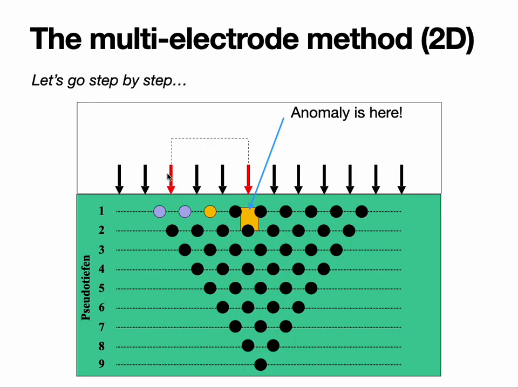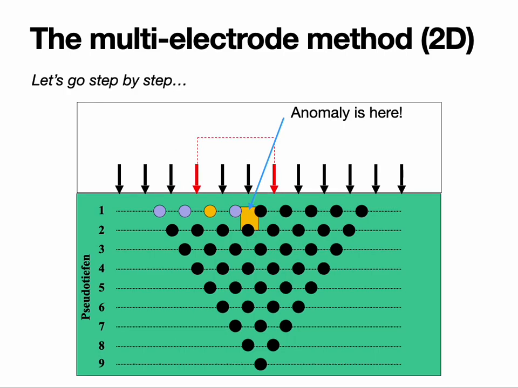Keep on doing this, and once we shift one of the electrical current electrodes above the anomaly, then the measurement here will be biased by this anomaly. What is being measured here is being affected by this, because of this trajectory of electrical current. If we shift again, there is no anomaly right below the electrical current electrodes, and the measurement is now recording the background value.